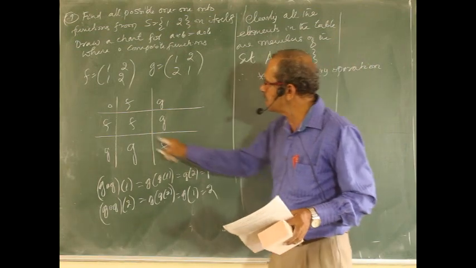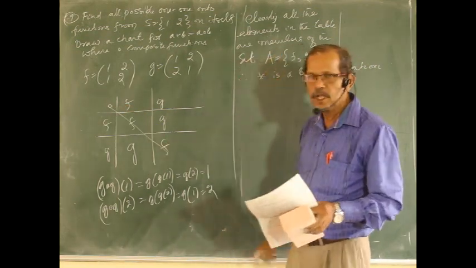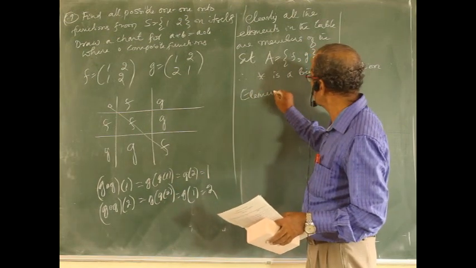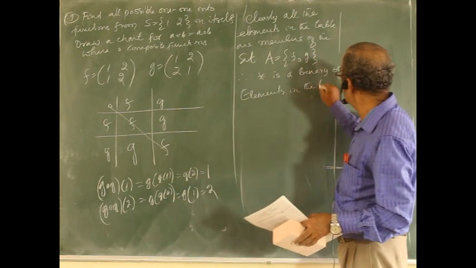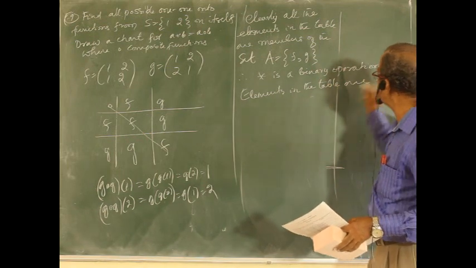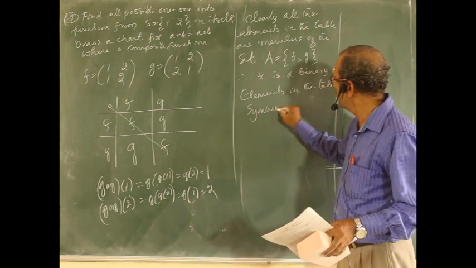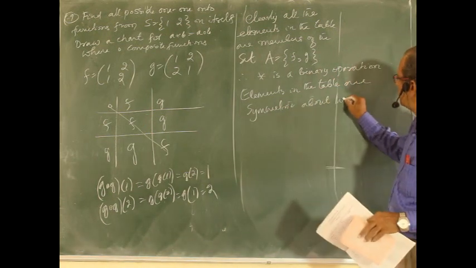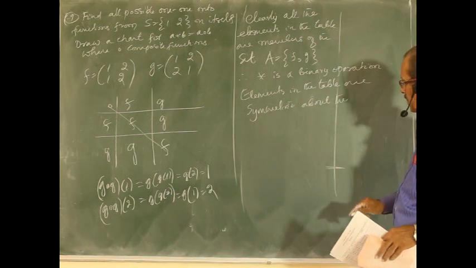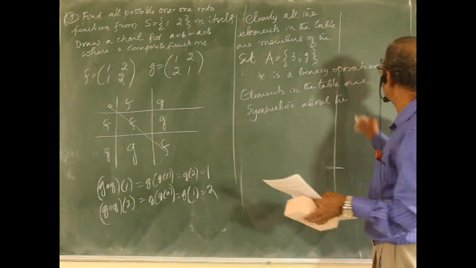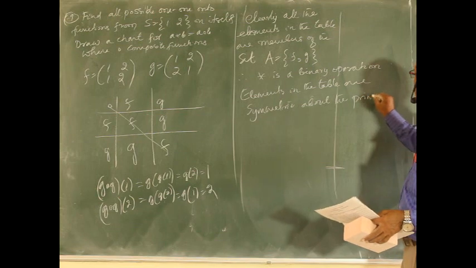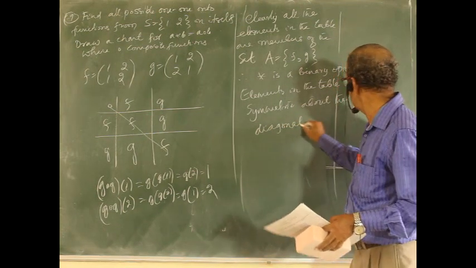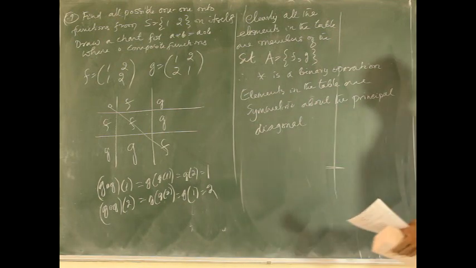Now, commutative property, I told you to verify it. Elements in the table are symmetric about the principal diagonal.